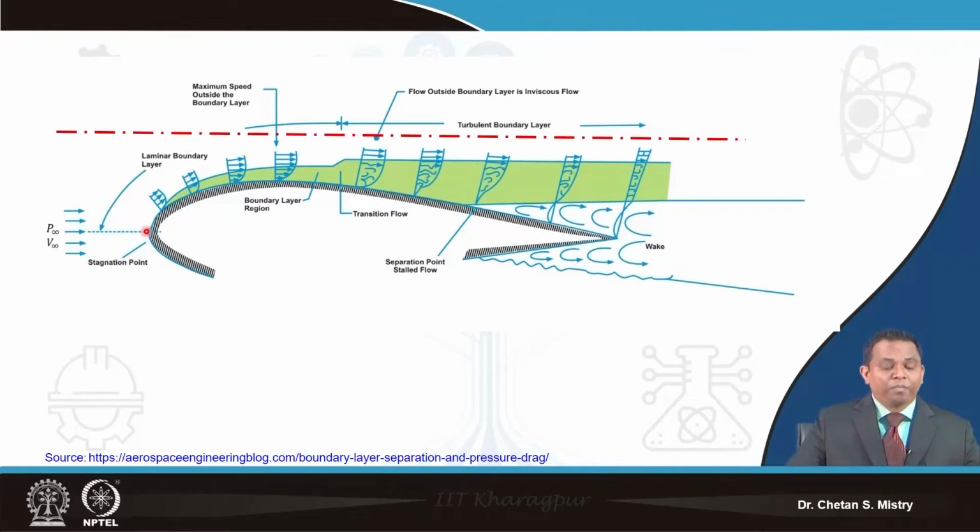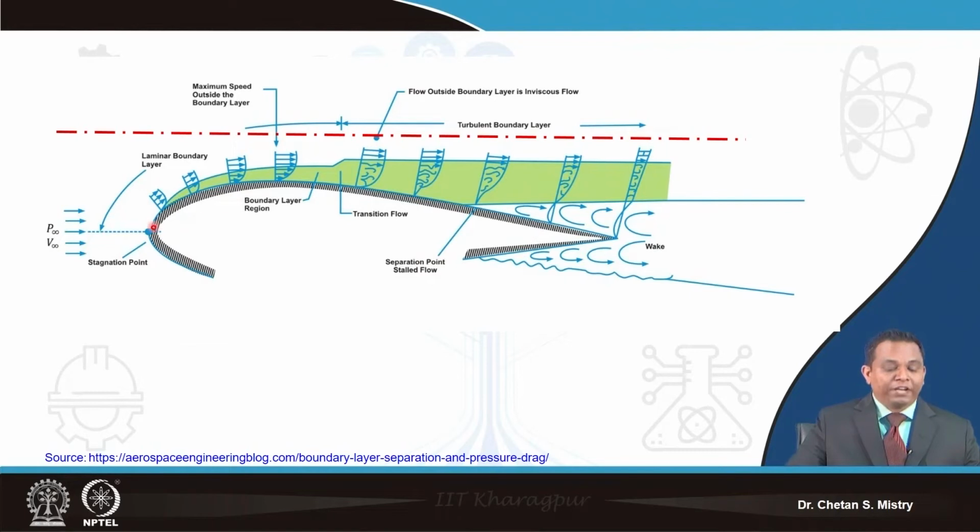From our understanding, at infinite height I will have parallel streamlines. Moving towards the leading edge, this region is called the leading edge, this region is called the trailing edge, and the distance between the leading edge and trailing edge is called the chord.